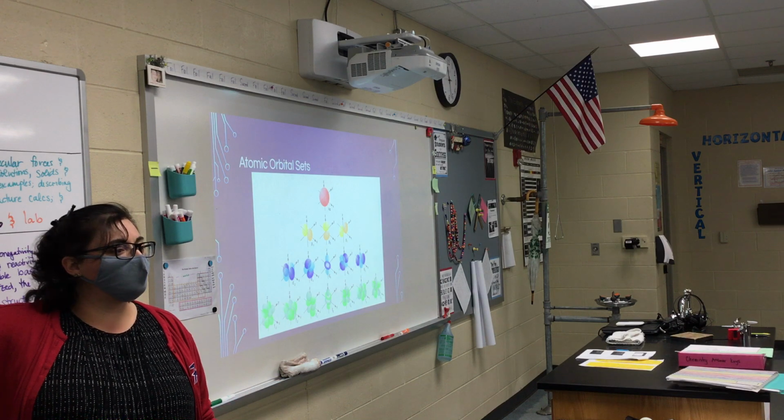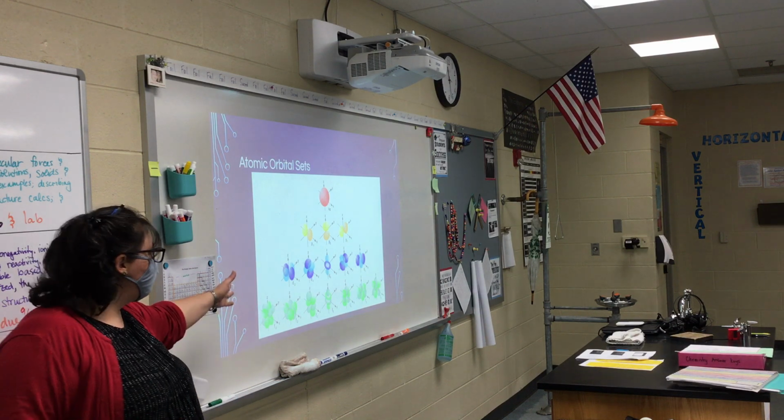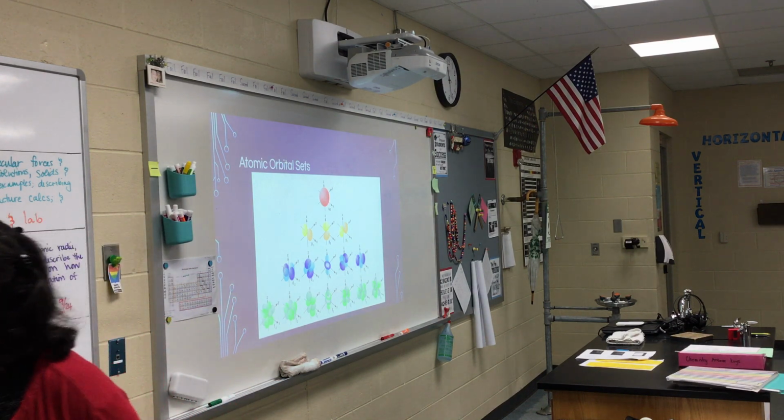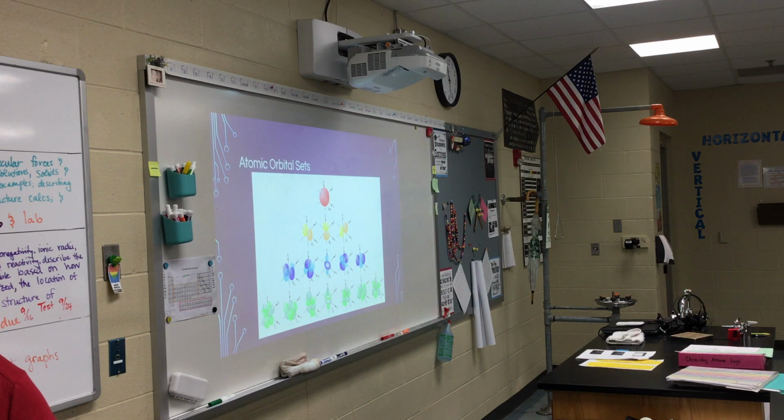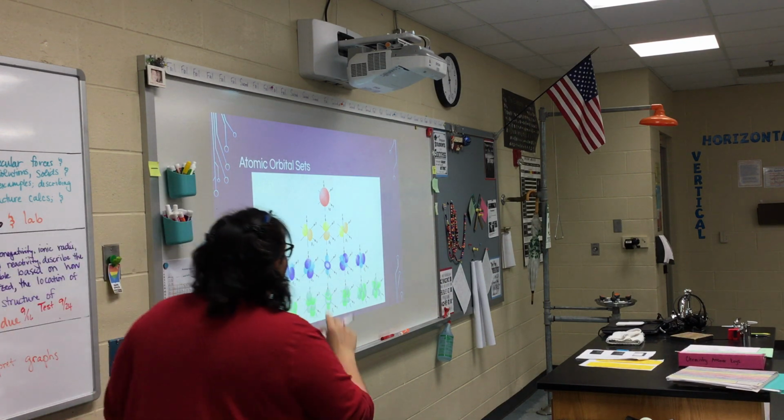How many columns do we have here? 10, because we can hold a total of 10 electrons. Here's how they go in. The first column, so right above scandium, -2. Right above titanium, -1. Right above vanadium, 0.